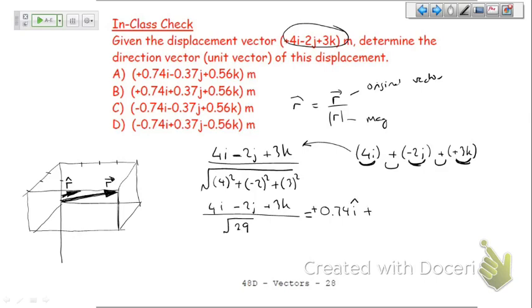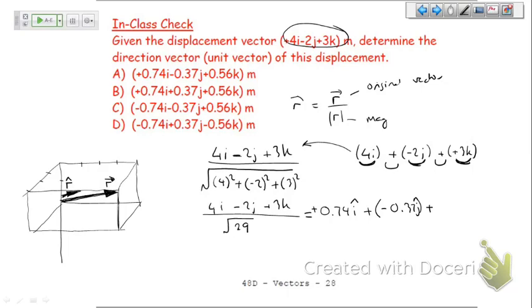And then let's look at the next one. It's going to be 2 divided by the square root of 29, which is going to be 0.37. And this is going to be a minus 0.37. So let's put that minus 0.37j plus, and that's going to be 3 divided by the square root of 29.